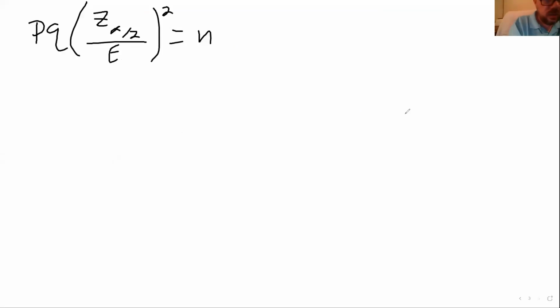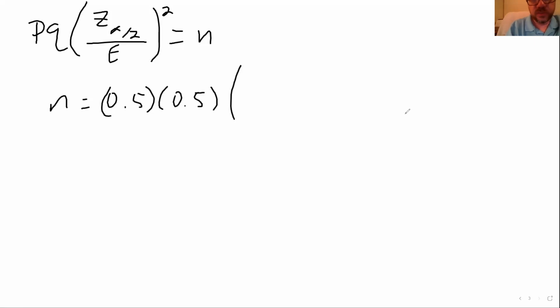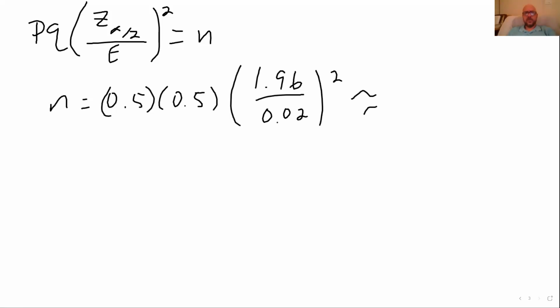So we're going to get n equals 0.5 times 0.5, so a fourth, times 1.96 over 0.02, quantity squared. So we jam that in the calculator and see what we get.